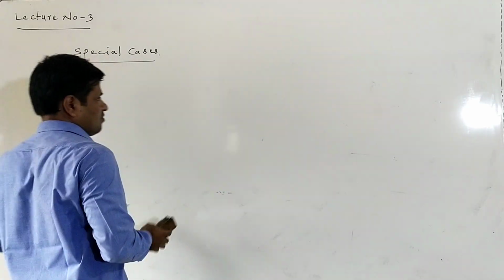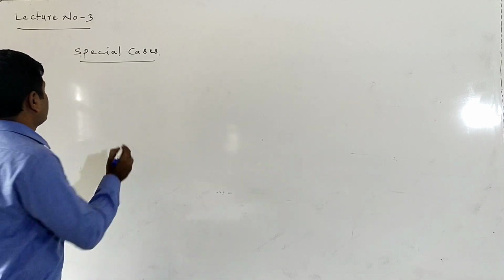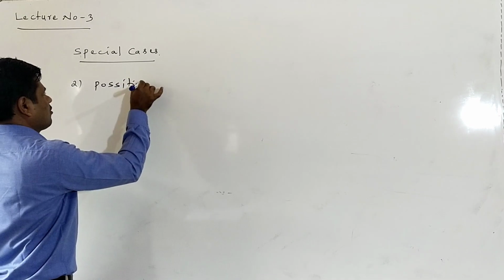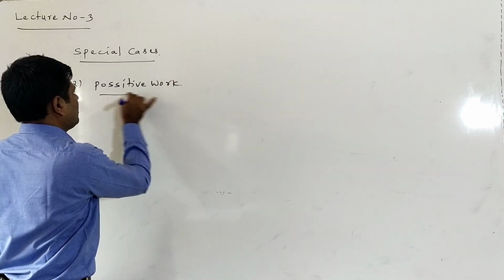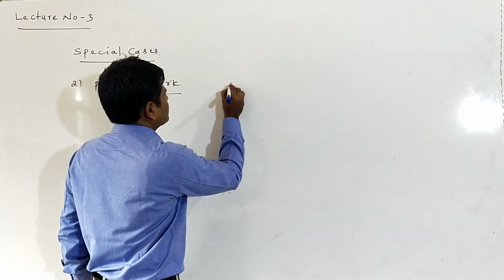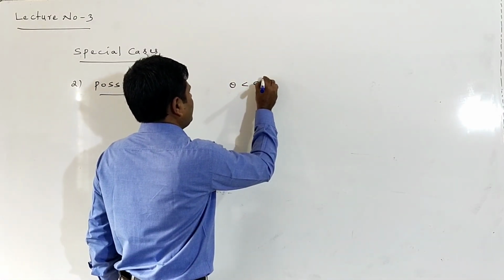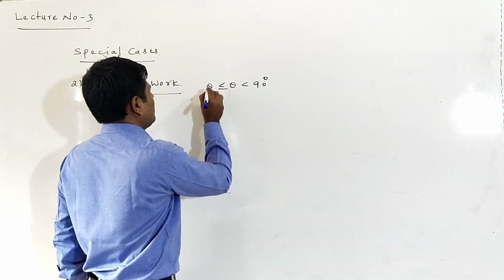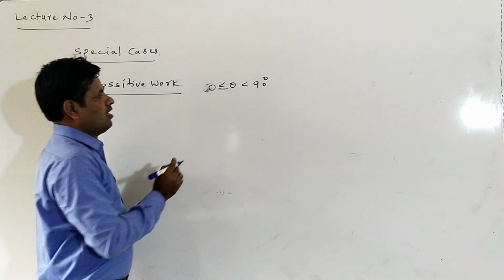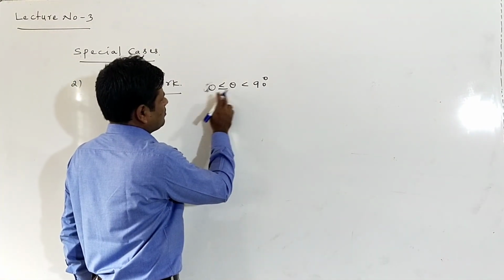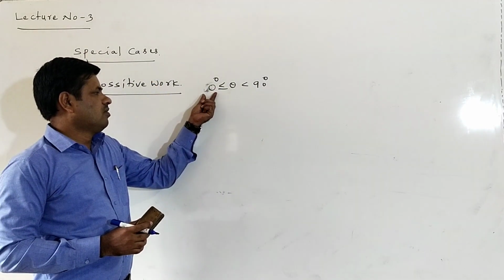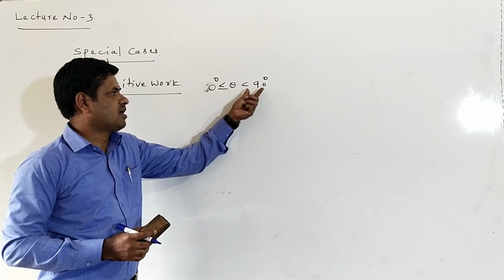Next we will discuss positive work, the second one. When is work done positive? Listen here. Here the theta value lies in between: theta is equal to 0 degrees or smaller than 90 degrees, that is 0 degrees less than or equal to theta less than 90 degrees.